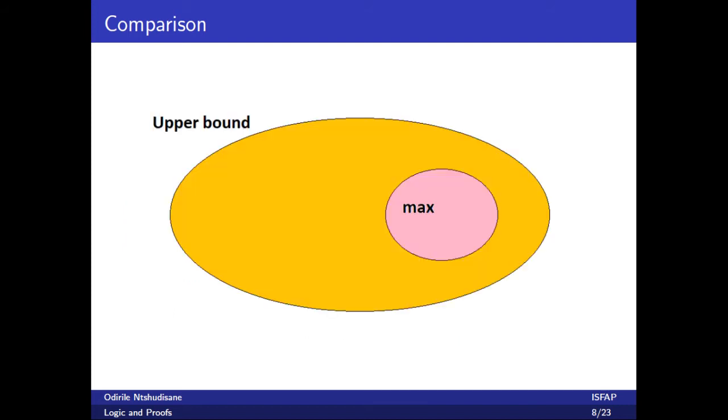That is, given all the upper bounds of a set S, amongst them there is a maximum or a best upper bound.